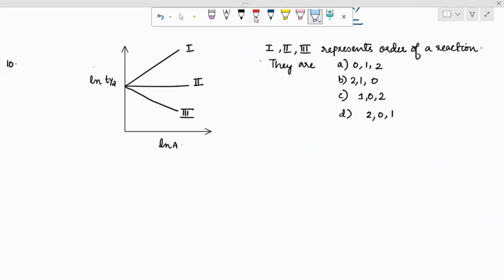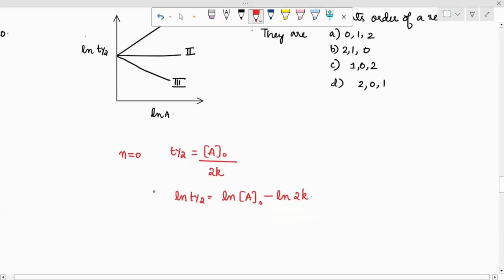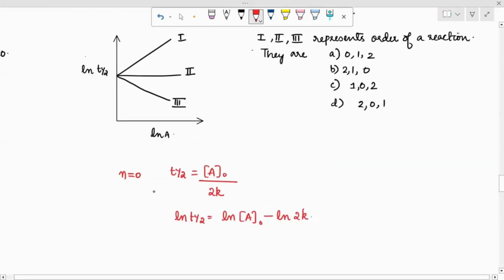So now you already know from the previous question that for a zero order reaction, T half is equal to A naught by 2K. So if you have to write ln T half, it is going to be equal to ln A0 minus ln 2K. Okay, so this much you know. This is the T half of a zero order reaction.